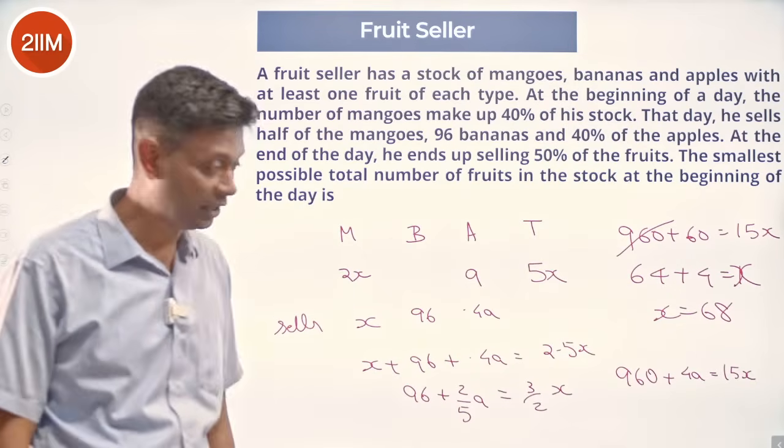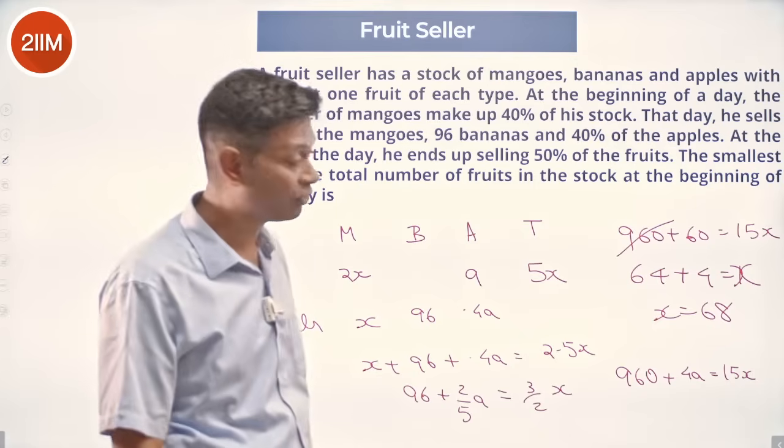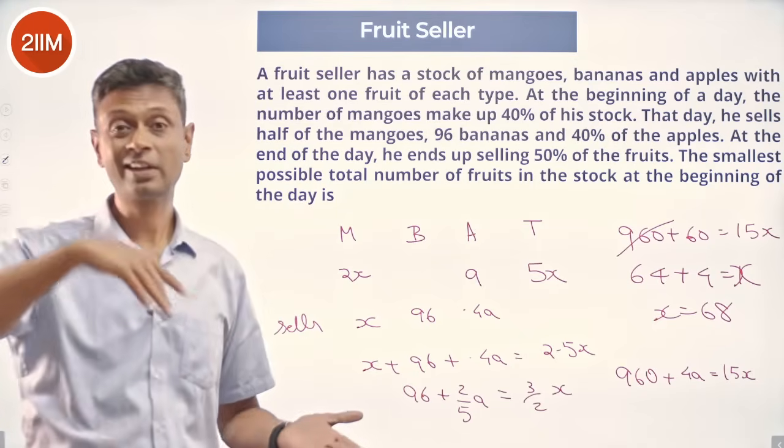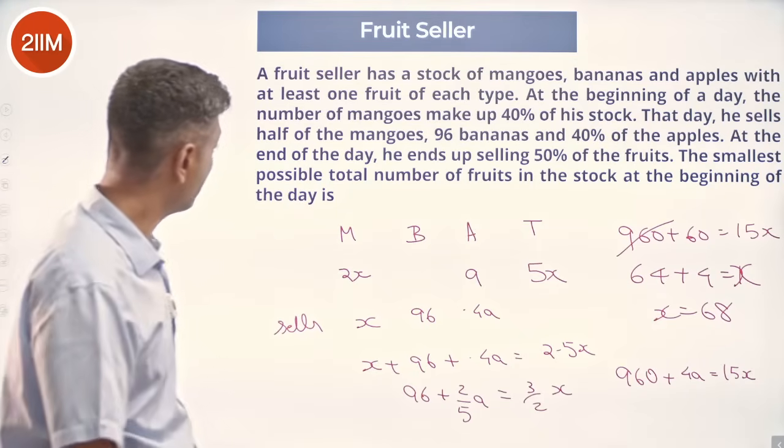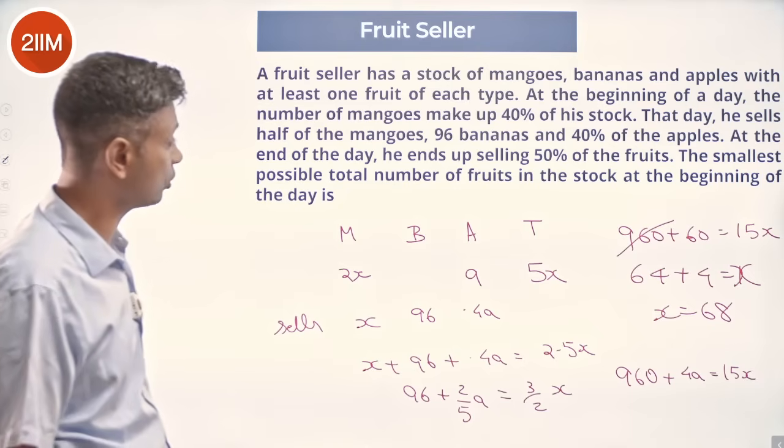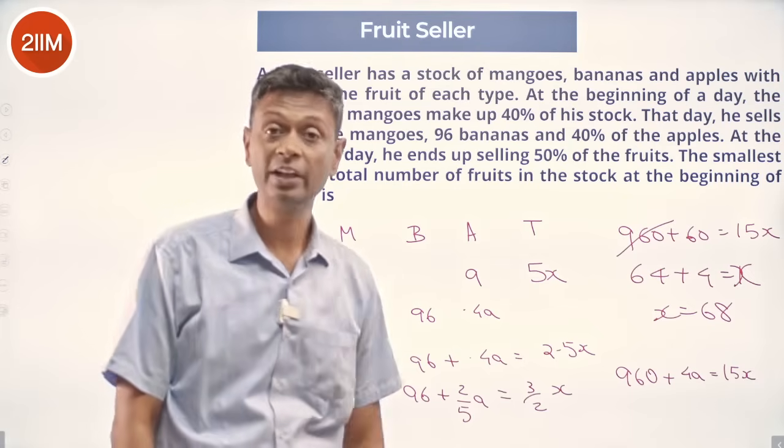A is 15, 5x is 68 into 5, 340, that works. Nothing short of this will work. The smallest possible total number of fruits is 68 into 5, 340.